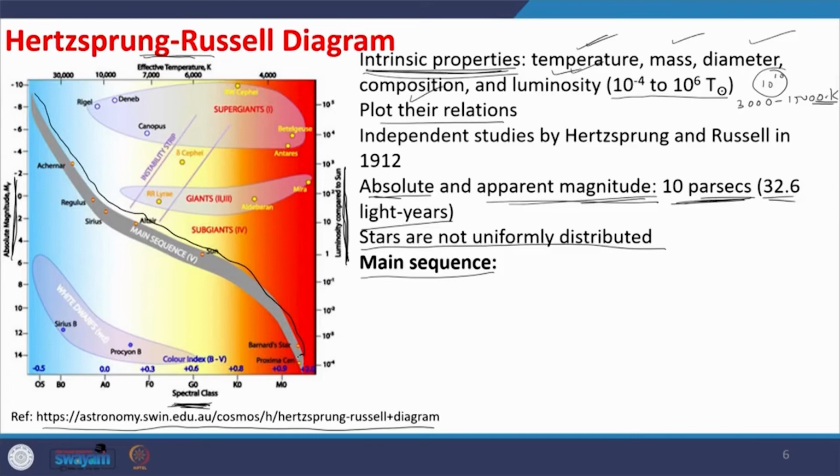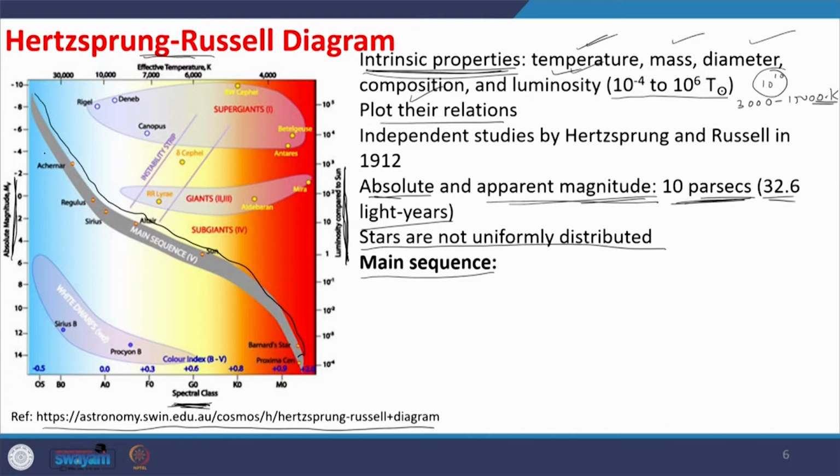the stars having different luminosities and different temperatures are not distributed uniformly throughout the region as expected, but the majority of the stars follow a narrow sequence. See this diagram, narrow sequence, main sequence. Where is it? You see here, the black one I am drawing. This is the main sequence, starting from blue. Can you see the blue color on the left side?